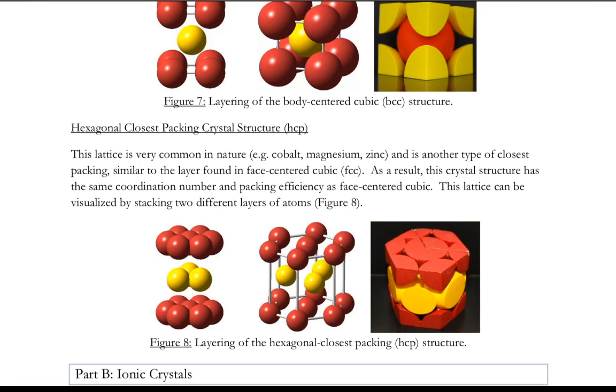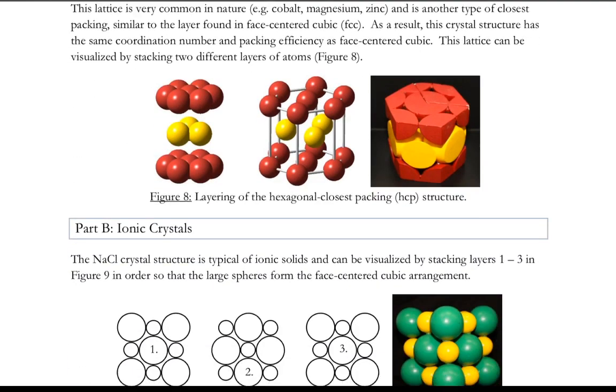But in the end, we have some differences, so we end up with not a cube for the unit cell. Calculations would be a lot harder, so we're not making any calculations with HCP. We just know that its packing efficiency is the same as with FCC. It turns out the coordination number of HCP and FCC are also the same.